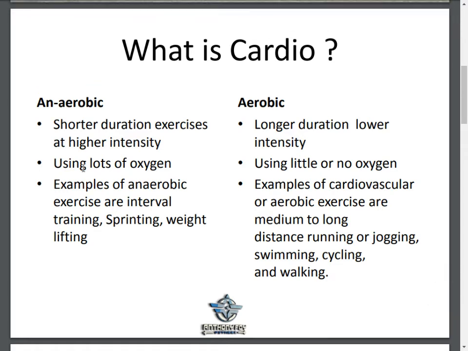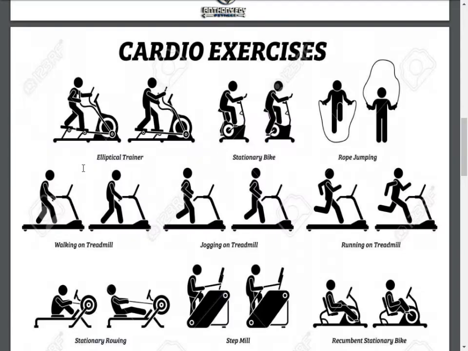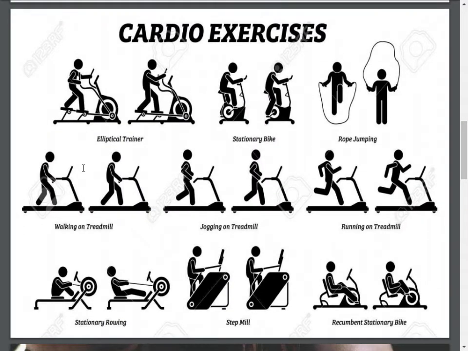So hopefully that makes sense in relation to what is cardio, first of all, and then we'll come back to your questions. So typically, when we think of a cardio session or a cardio exercise, you've got elliptical trainers, stationary bikes. Again, depending on the intensity, your rope jumping and things like that can be done for a long duration at a medium to low intensity.